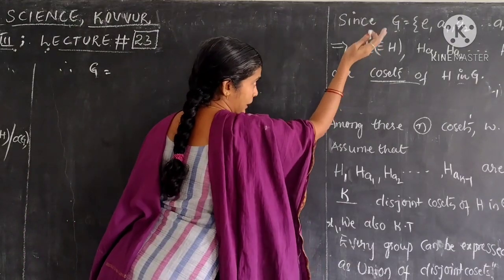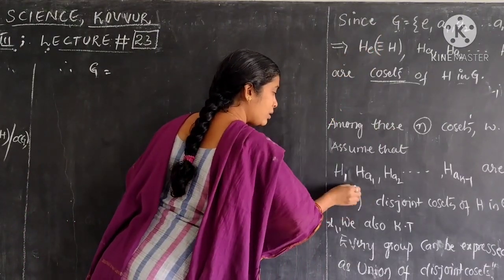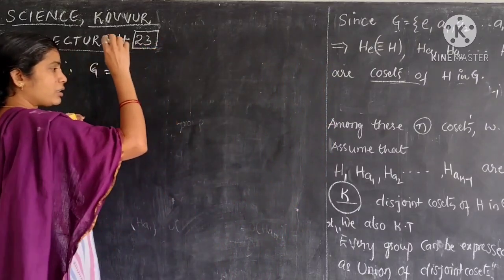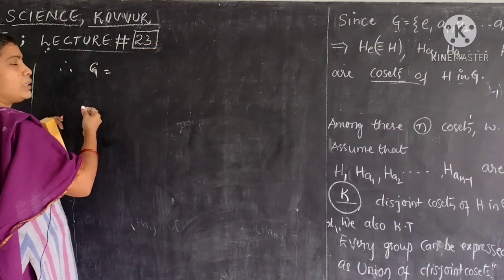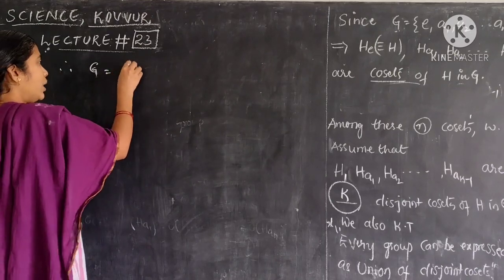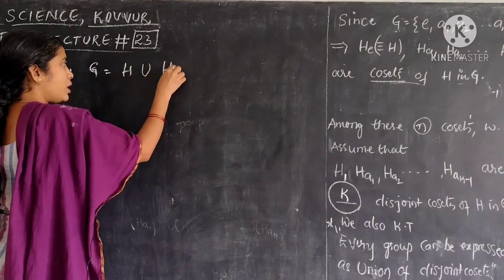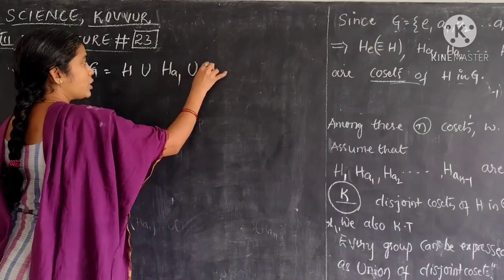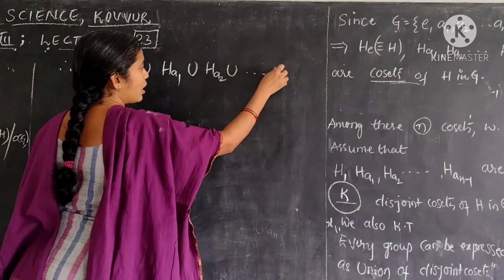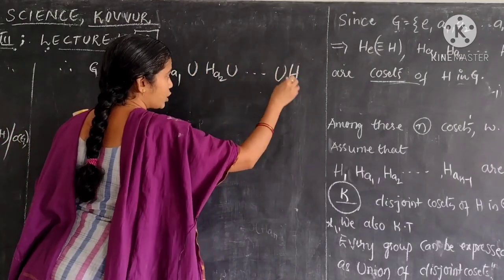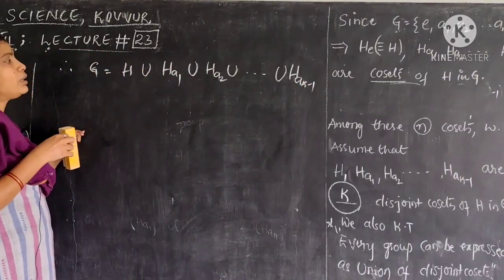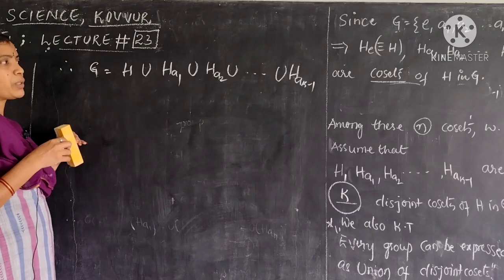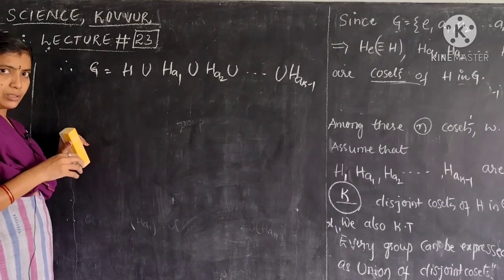Among these n cosets, how many are disjoint? k. So the union of k disjoint cosets is nothing but our group G. So H union Ha1 union Ha2 and so on union Ha(k minus 1). Now we observe that G is expressed as a union of some cosets.